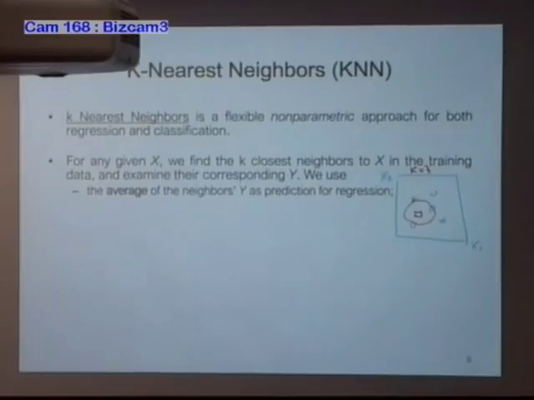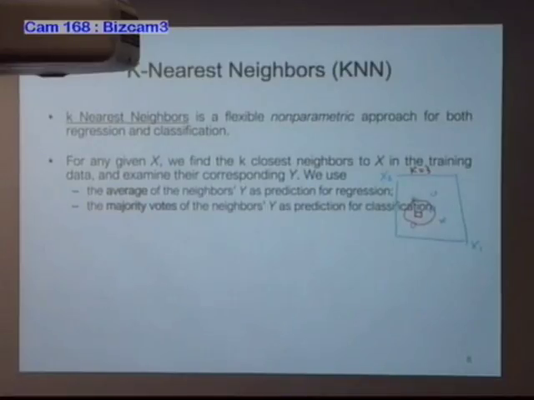If it's a regression, we just average the 3 values. This is a classification. We just take a majority vote. There are 2 circles, 1 cross. We just do that. And if you need a probability, later we'll need a probability. So majority vote is really, you have to assign a color to this point. I will put a circle there. But sometimes we want the probability.